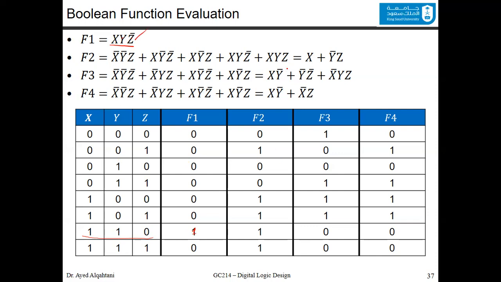The second function, which is this one here, you would say that, okay, I have this function. The first term is x bar, y bar, z. This is x bar, y bar, and the z is 1. So I put 1 here. Similarly, for those 3 or 4 terms, you will have 4 ones. You can check them yourself.